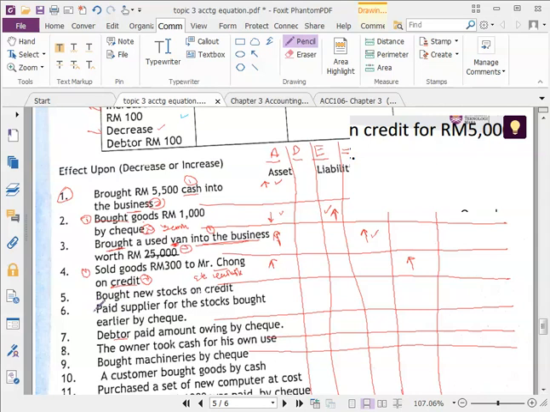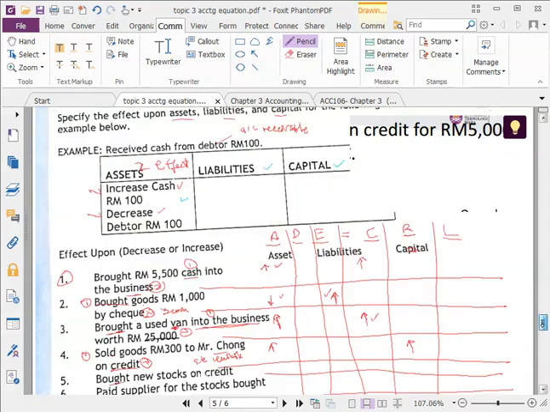Okay, next number 5. Okay, bought new stock on credit. Okay, another name for bought is the purchase. Okay, this tutorial is long time ago.